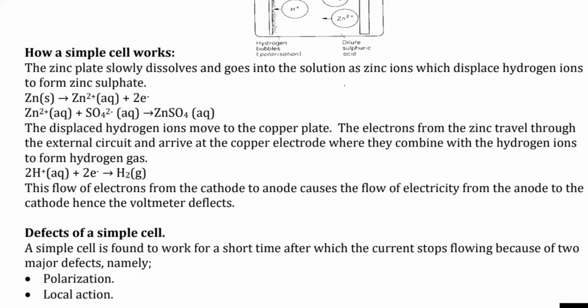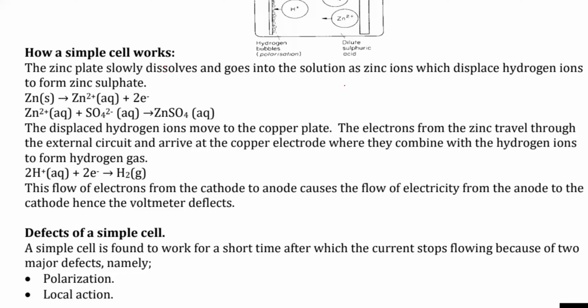First of all, the zinc dissolves and goes into solution as zinc ions. The zinc ions will displace hydrogen ions, and the zinc ions and the sulfate ions will join together to form zinc sulfate.